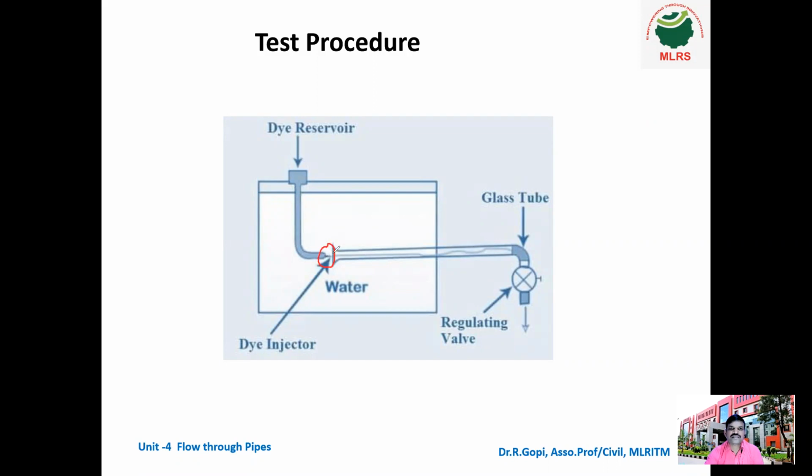You can see this line shows the movement of the water, whether it is laminar or turbulent. This is the regulating valve. This is a small experimental schematic diagram. When in the examination they ask you to explain the Reynolds experiment, you have to draw this diagram.